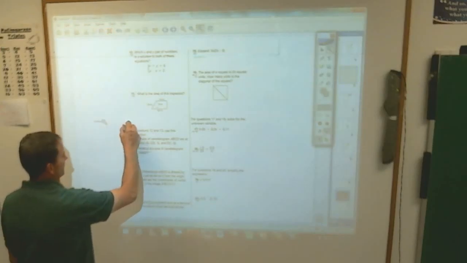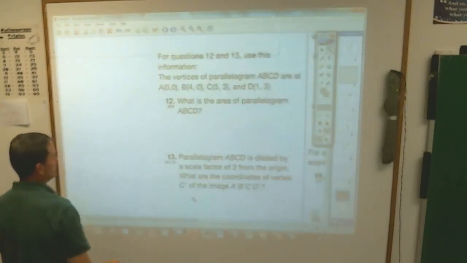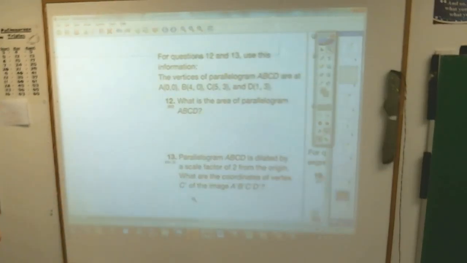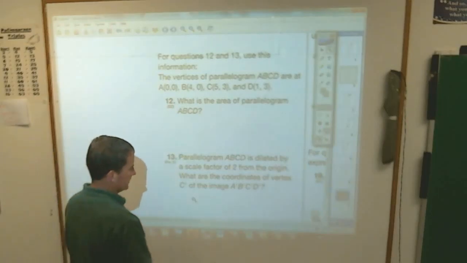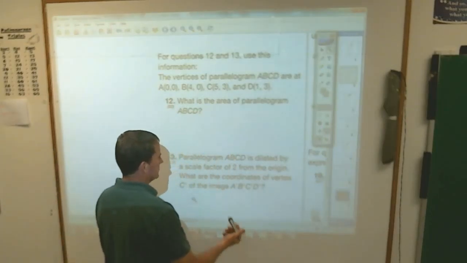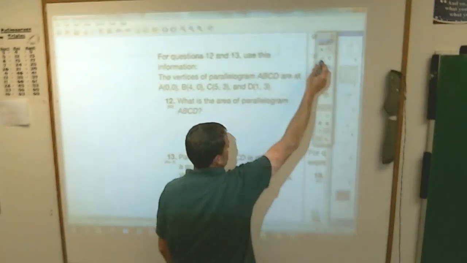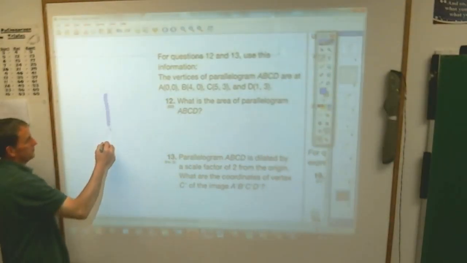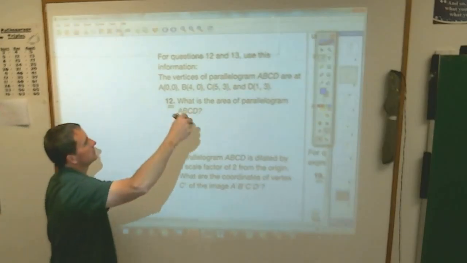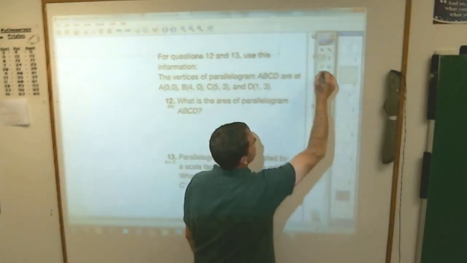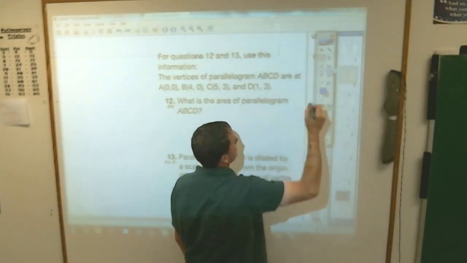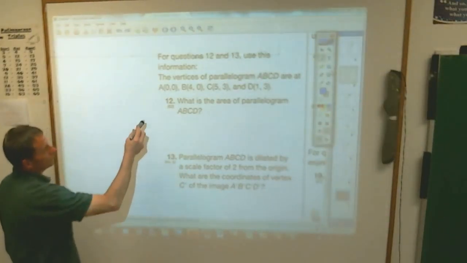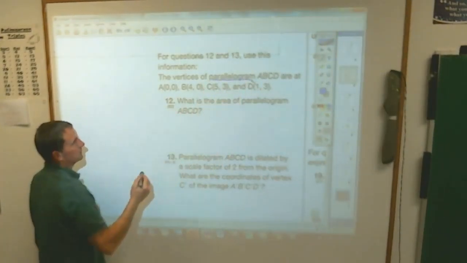Sure. I guess we might as well do 12 while we do 13. And again, children, you're going to have to do this on a piece of graph paper. I'll do it right here. You're supposed to graph this parallelogram, correct?